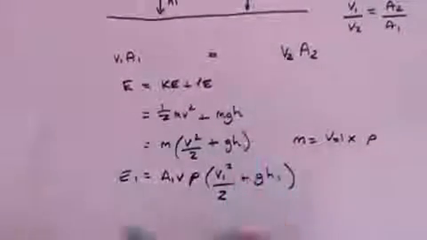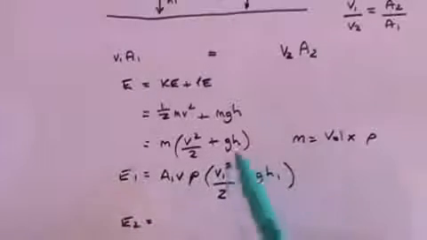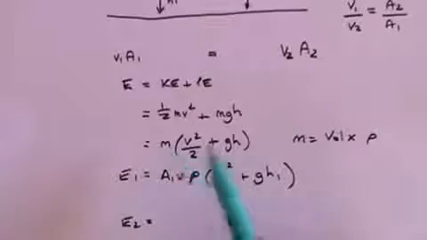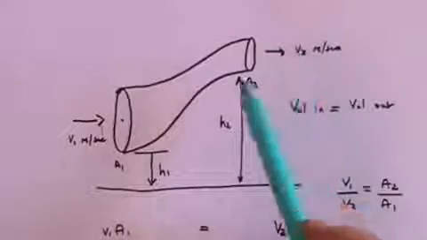The energy coming out, E2, is going to be the mass, which is the volume times the density. Well, the volume now per second is going to be v2 times A2.